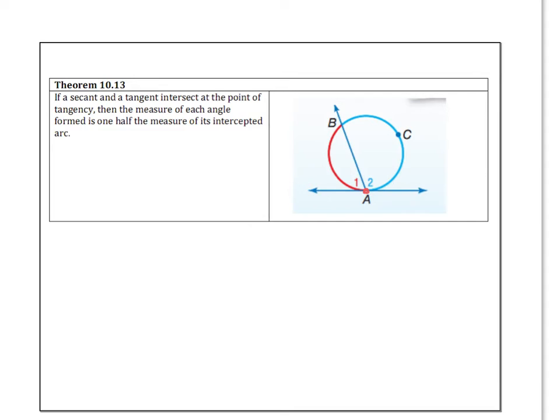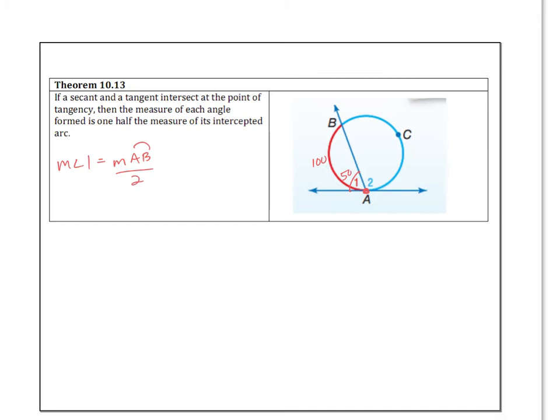So for instance, the measure of angle 1 will be however big arc AB is, so the measure of arc AB divided by 2. So if arc AB is 100, then angle 1 is 50, for instance.